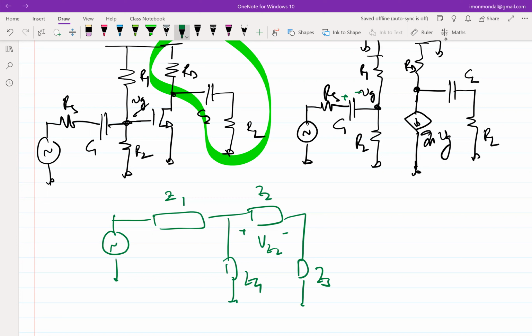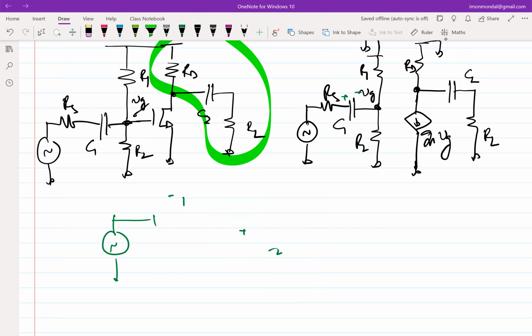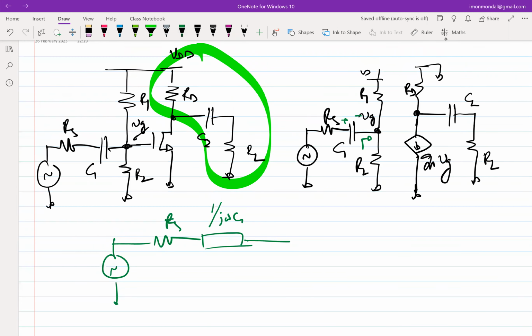What that something is will determine the condition, correct? In this particular case, we have the following network: RS, and instead of Z1, you have 1 over j omega C1. On the right-hand side of that, you see a parallel combination of R1 and R2.